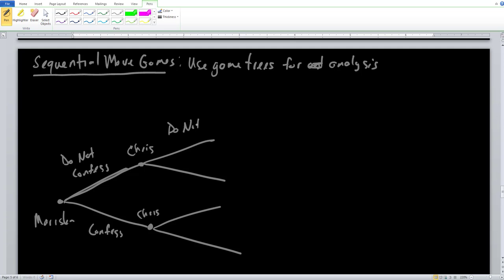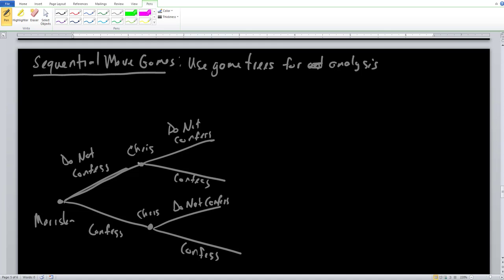So do not confess right here, and then confess. Here, as you can see, it almost looks like a tree, but this is exactly how the sequential move game works, where player number 1 moves first, and then the player right after him or her moves second. And we're going to attach the payoffs that we saw previously.